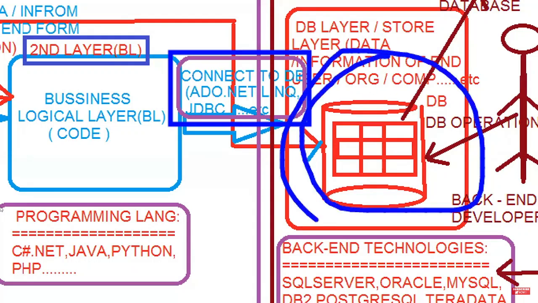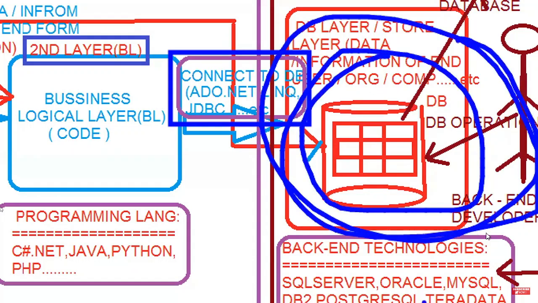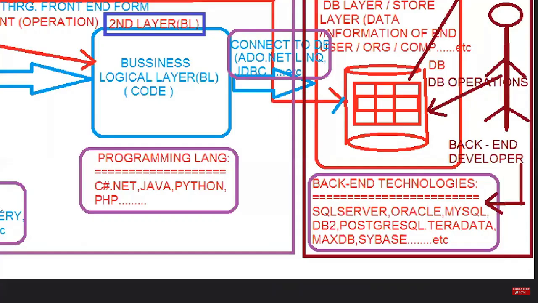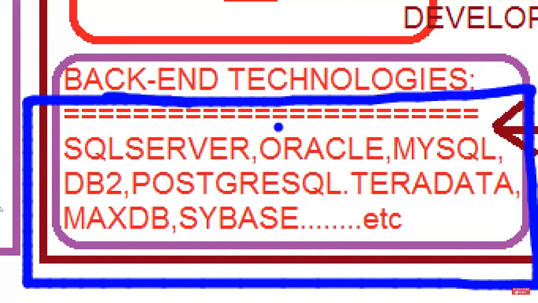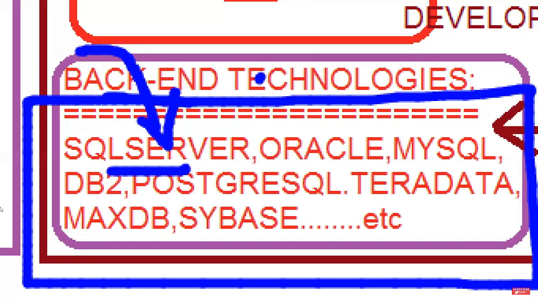And finally, it is what now? Databases. Database backend technologies, and there are so many backends, but as per your technology, you can choose any one database. Generally, .NET students choose SQL Server. Java and Python students are learning Oracle.